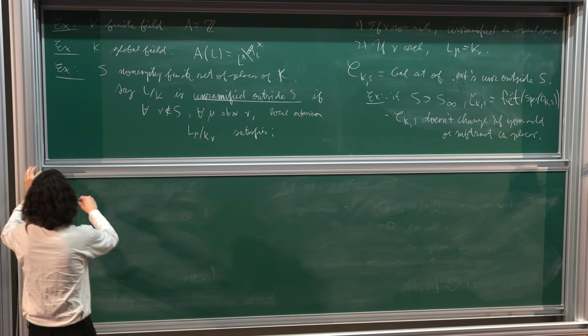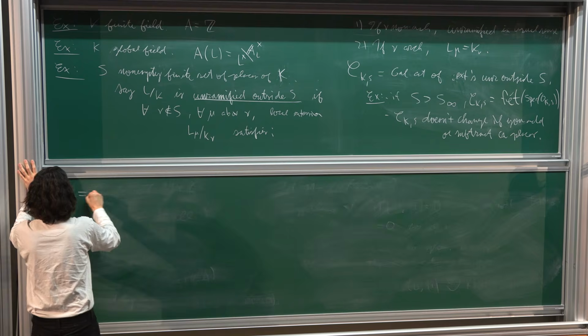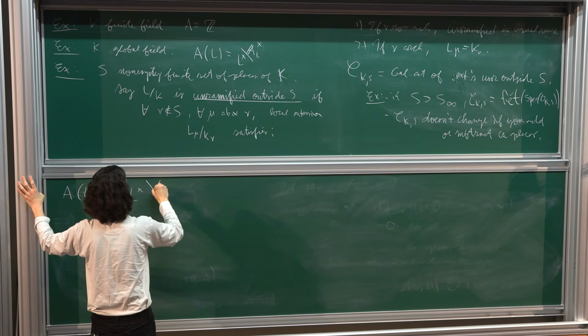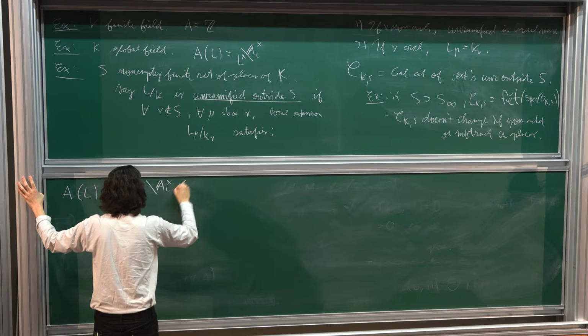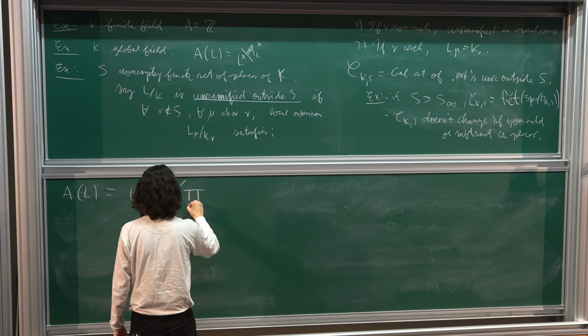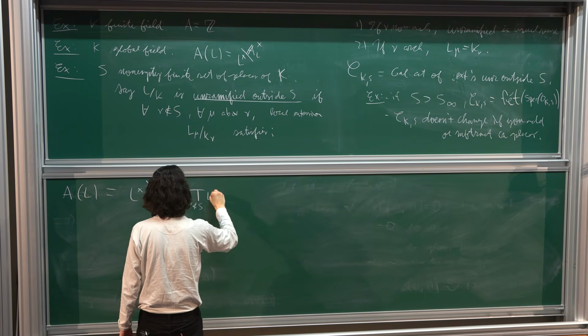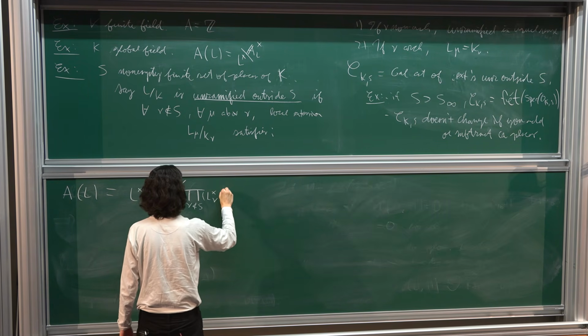So then A_S of L is you take A_L cross, and then you take the product over all mu not in S of L_nu cross, but you want to take the norm 1 part of that.